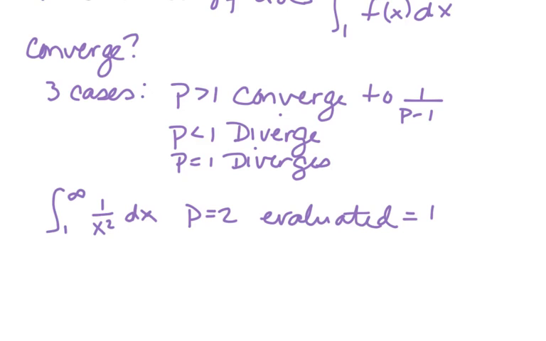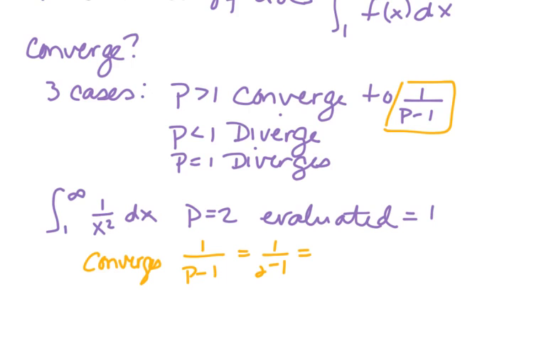Well, using what we know now about the p family, it should converge to 1 over p minus 1 by the theorem that I'm going to prove. Well, p is simply 2, so this is 1 over 2 minus 1, which equals 1. So that was our first little intro to the p family. So let's take a look at the proof.